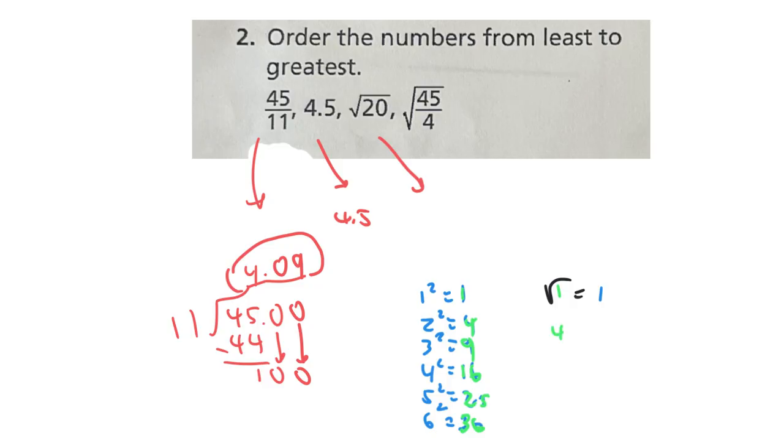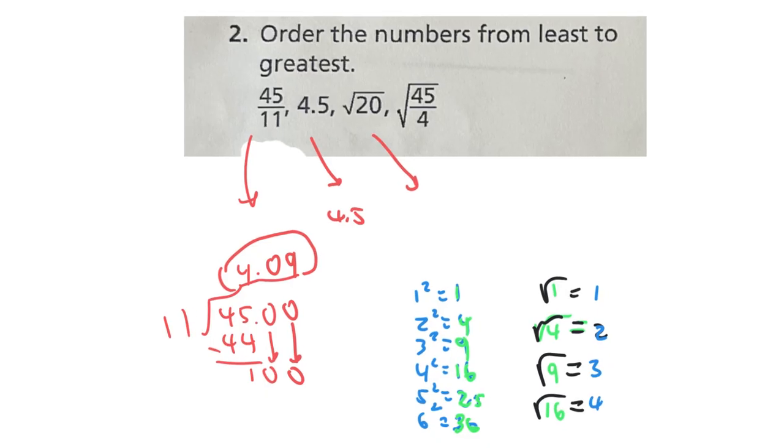The square root of 4 is going to be 2, right? And that's based off of this right here. The square root of this number is equal to that number. And you can continue with that. You could say the square root of 9 is really equal to 3. The square root of 16 is really equal to 4.